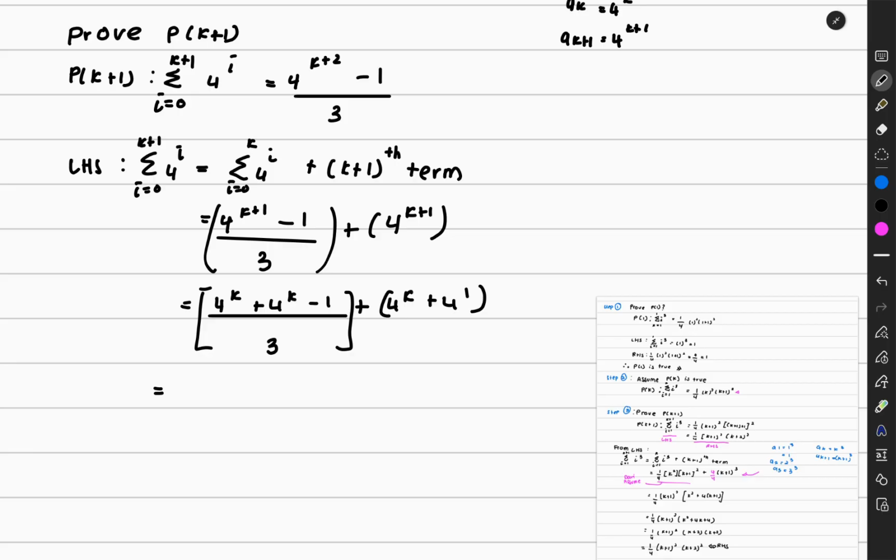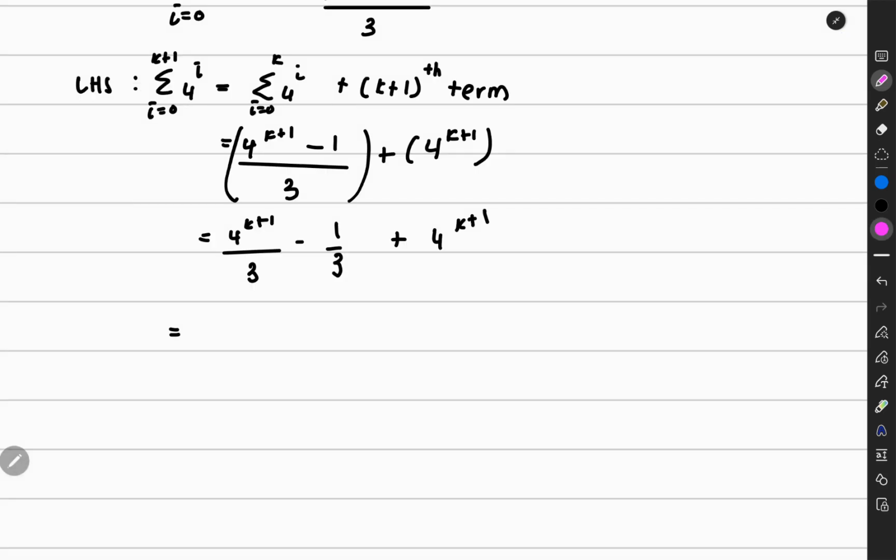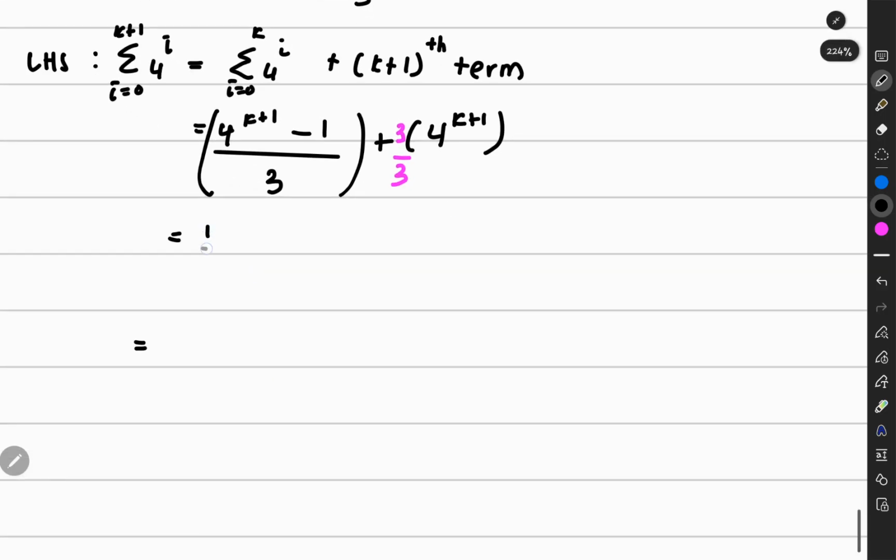Kalau pecahkan buat boleh. 1/3 kan? Apa lagi yang kita boleh keluarkan? 4 to the K plus 1, plus 1. 4 to the K plus 1. Dan dia tinggal apa? Satu. Okay.